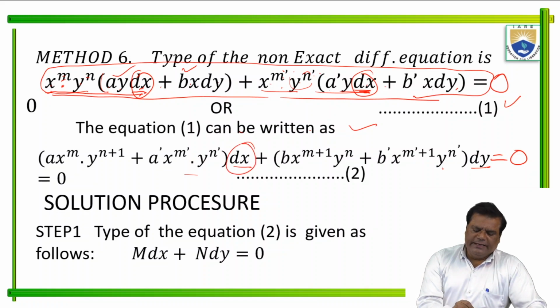Now multiply x to the power m and y to the power n with the bracket terms.